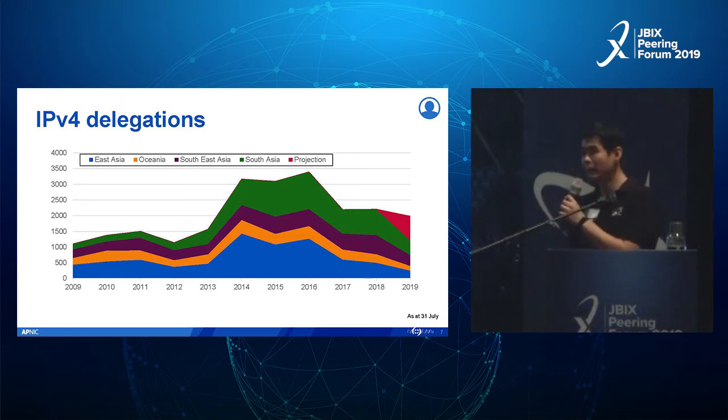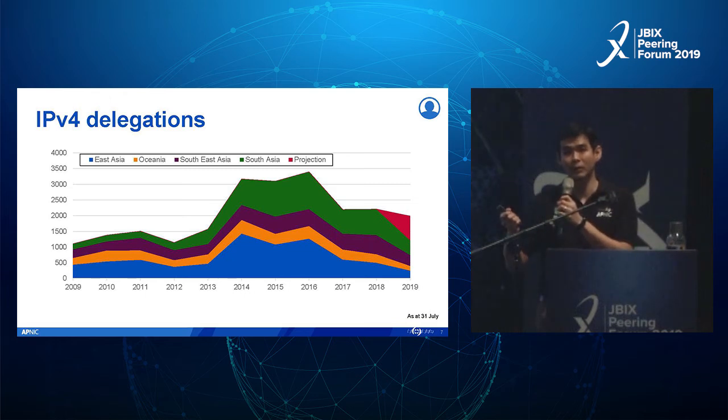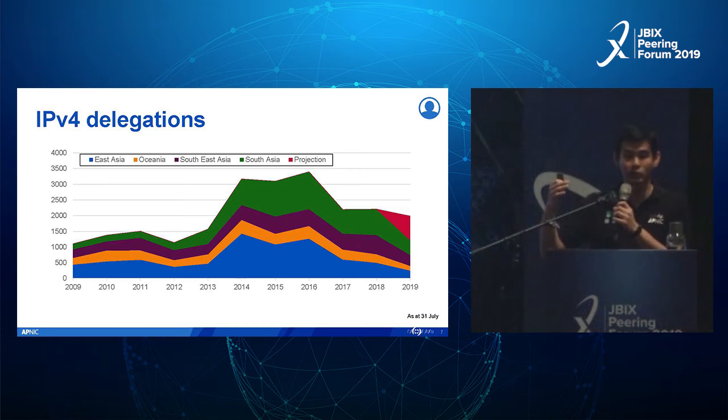Looking at the IPv4 delegation, if you look at the graph, it reached the peak around 2015 and 2016. That is where I can still remember when we were delegating a /21, where you could get a /22 from the 103/8 block and another /22 from the recycled pool.